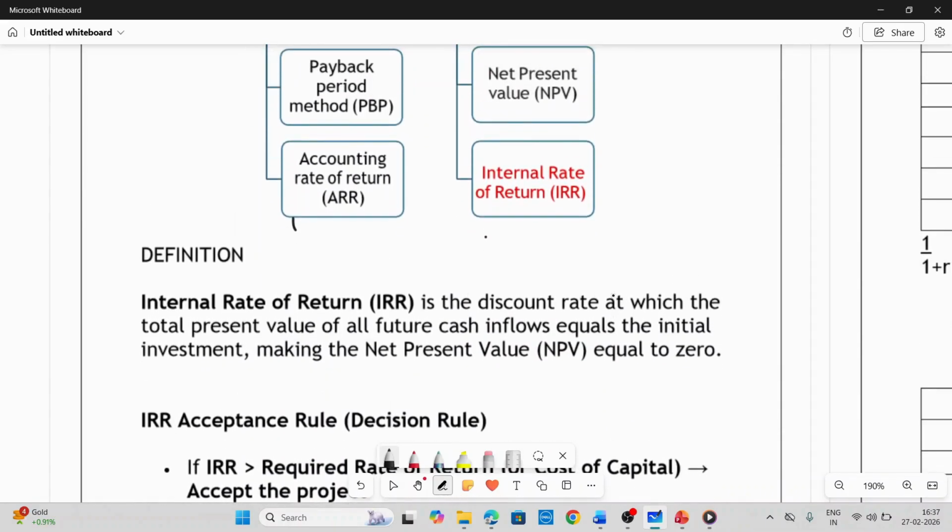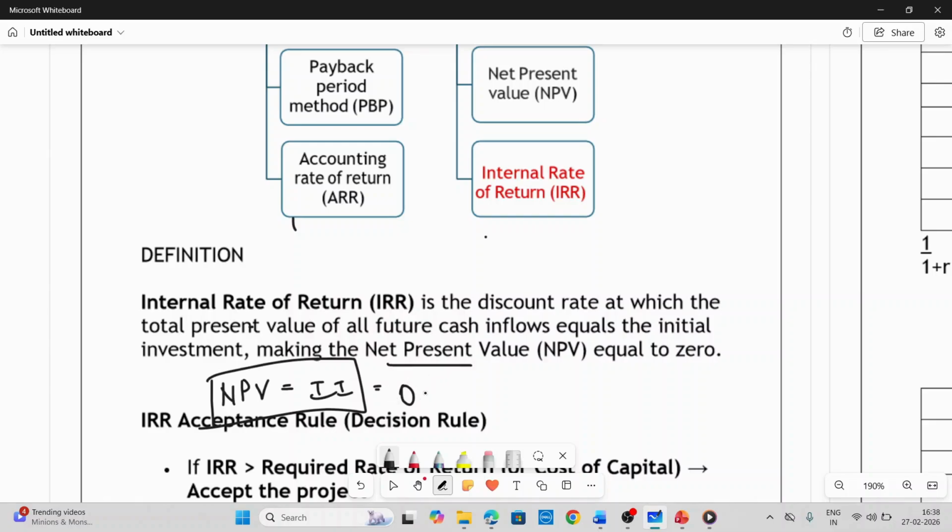Definition: internal rate of return is the discount rate at which the total present value of all future cash inflows equals the initial investment, making the net present value equal to 0.